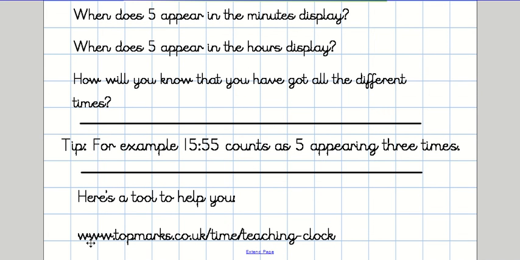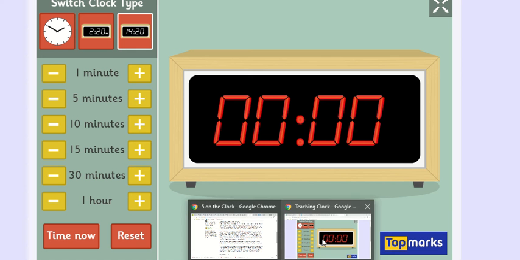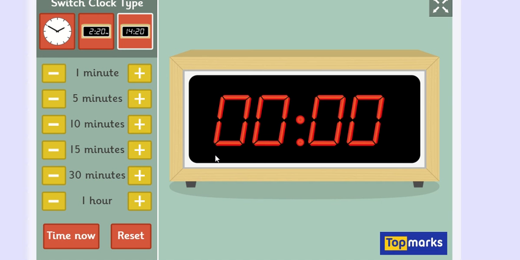If you go onto this website, www.topmarks.co.uk/time/teaching-clock, I'll show you it now. You might want to start from 0-100 hours, and so that would count as once. Work through systematically on this clock, okay? You might want to think about that.